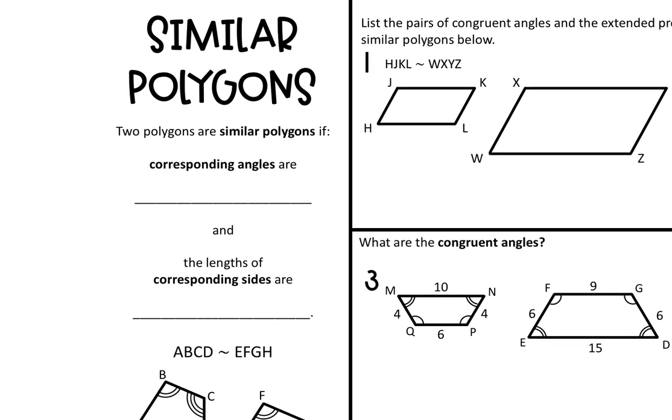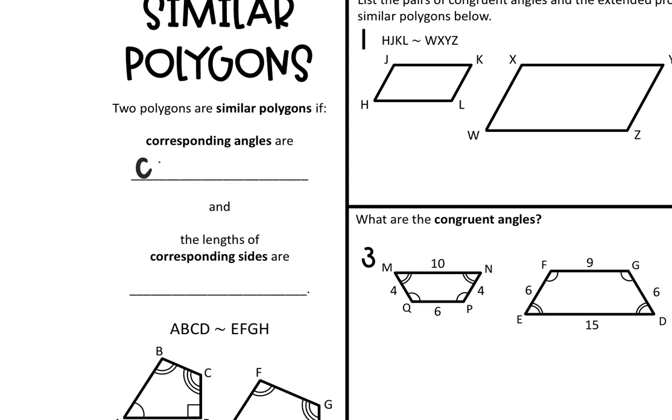Similar polygons. 2 polygons are similar polygons if corresponding angles are congruent. Remember that congruent means equal. And the lengths of the corresponding sides are proportional.